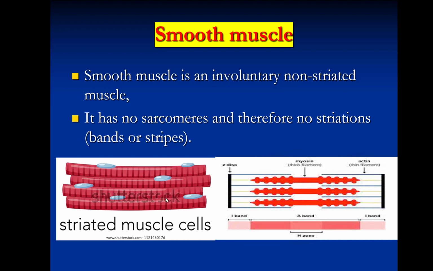Under the microscope the skeletal muscle looks like this, with stria between the Z lines that look dark, and this gives a striated look to the skeletal muscle. On the other hand, the smooth muscle is non-striated due to the absence of these Z lines.